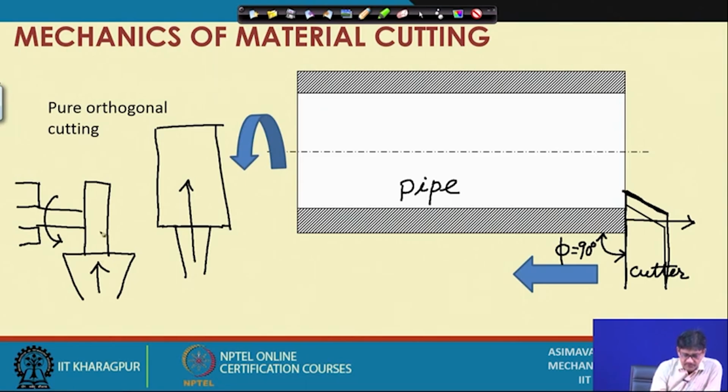So, if this is the feed direction, this is the cutting edge, and therefore, the chips are flowing 90 degrees to the cutting edge because lambda is also 0. So, radially reducing the diameter or longitudinally cutting a pipe, pure orthogonal cutting.